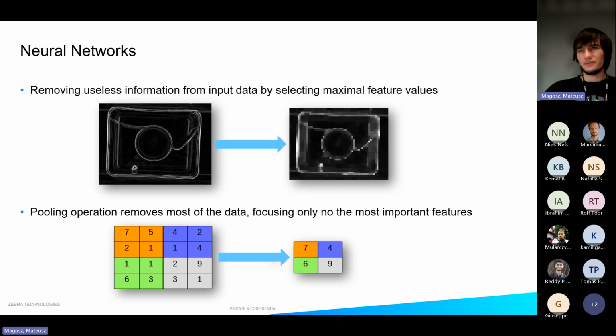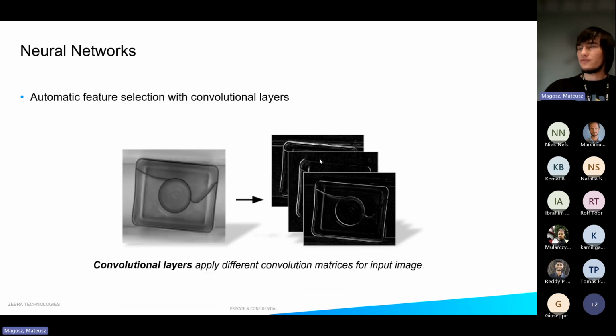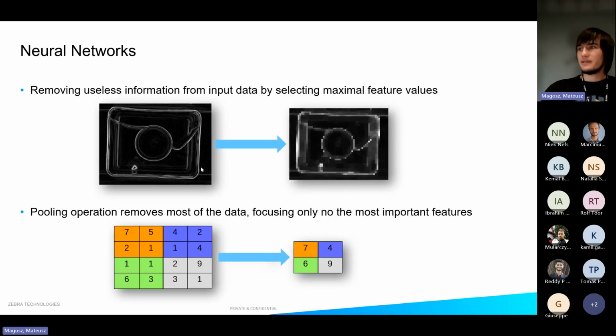Of course, it doesn't work if your defects are very, very small on huge images. But in general, it's not advisable to look for few-white-pixel defects on such big images. So we can look for features. We can downsize the image, and there is also the pooling operation.